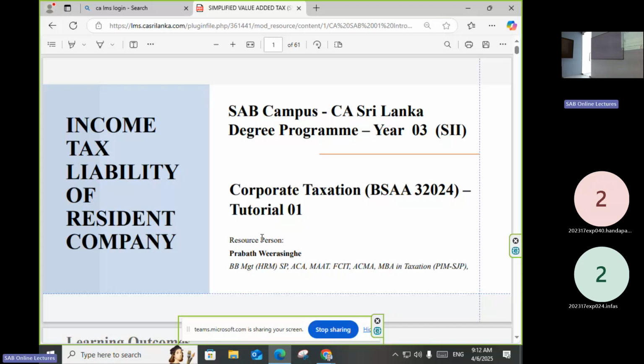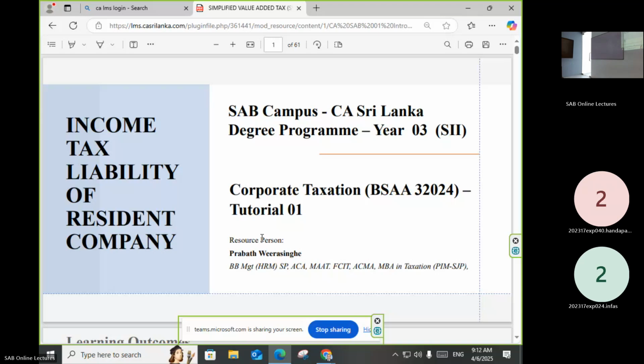From your answers we can develop this to some extent. In the comprehensive income statement, what are we recognizing? Income and expenditure. The difference between income and expenditure we recognize as profit or gain.